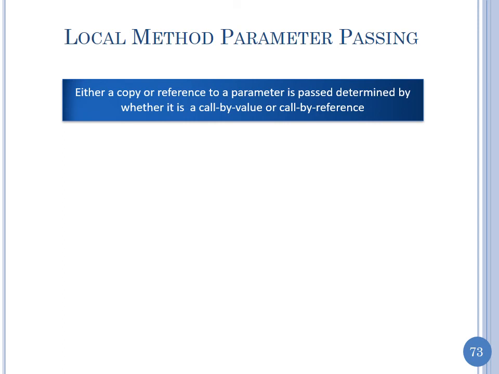Either a copy or reference to a parameter is passed, which is determined by call by value or call by reference, which is what Jason talked about. In some cases, the decision is made automatically based on whether it's an object or a primitive value. In a language like Pascal, you could say var parameter or not var parameter, in which case var parameter means passed by reference and not var meant passed by value.